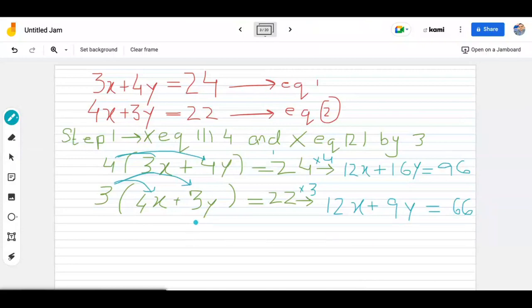Now step number 2. In step number 2, we will do subtraction. We can simply subtract them: minus sign, minus sign, minus sign.